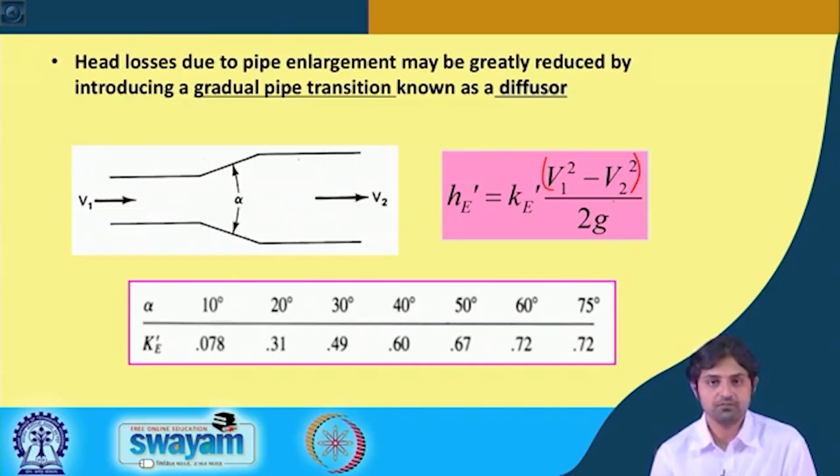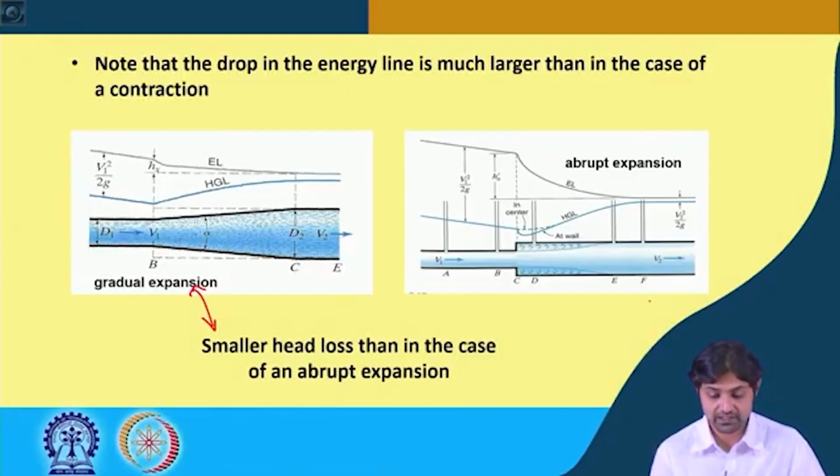You will be provided with those values if some question comes for the gradual pipe transition, gradual contraction or gradual expansion. But you have to remember the scenarios like this.